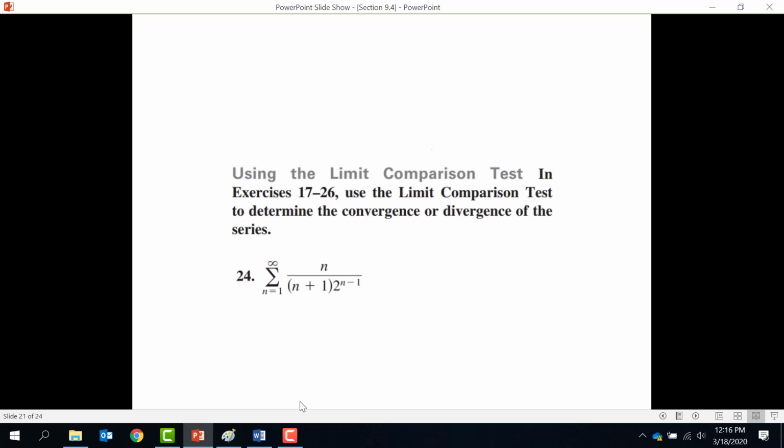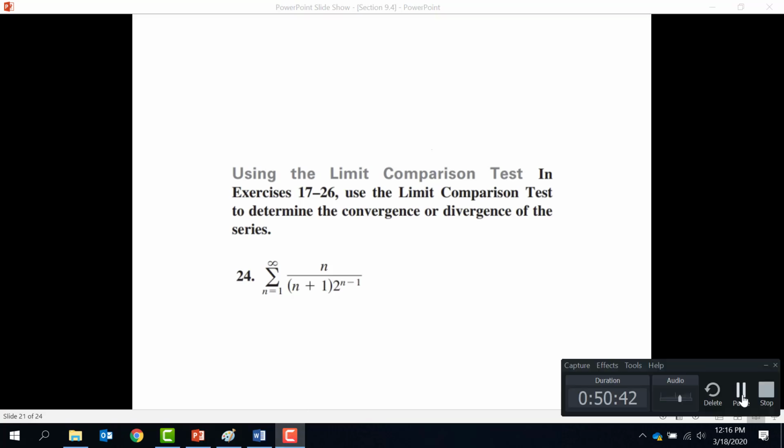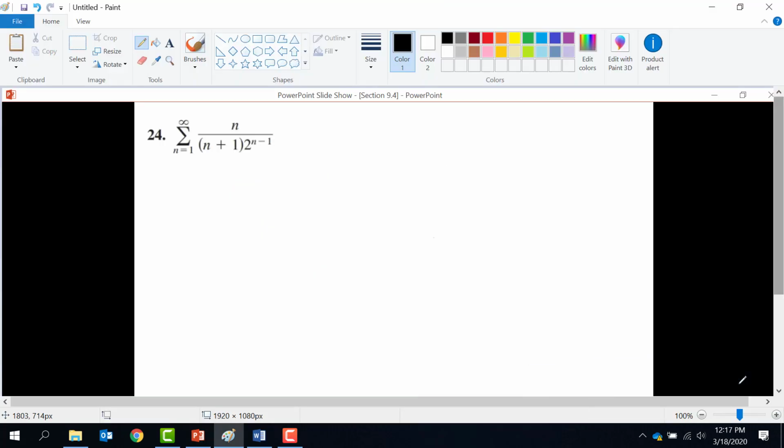So in exercises 17 through 26, use the limit comparison test to determine the convergence or divergence of the series. In keeping with our trick that we've been using, where we look at the numerator separately, look at the denominator separately, and eliminate all but the fastest growing terms, what we're going to do here is distribute the 2 to the n minus 1.